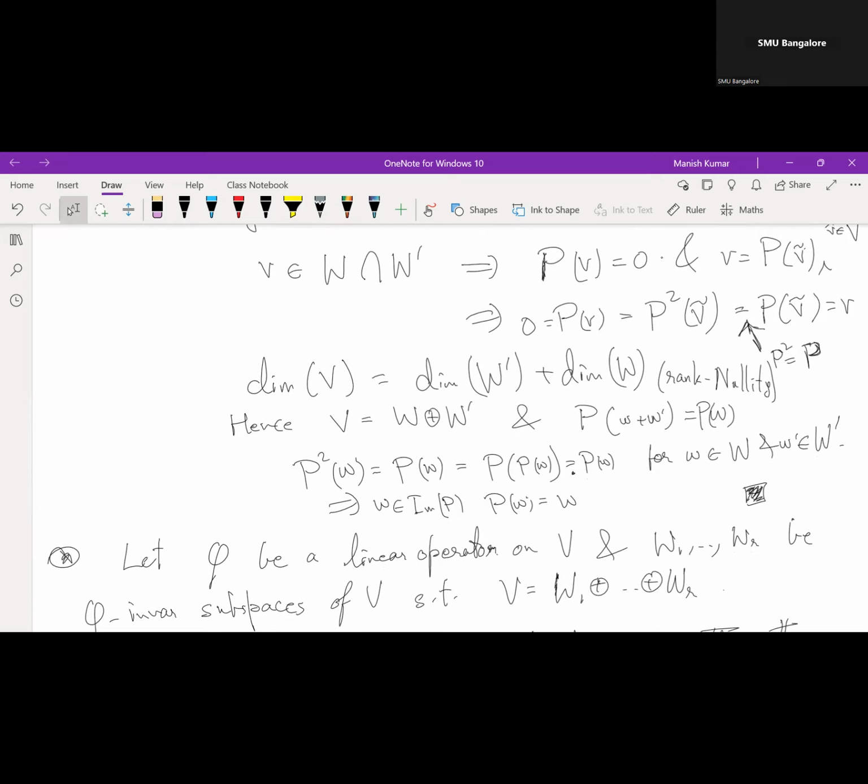To do that, given a linear operator, you would want to decompose the vector space into a direct sum of invariant subspaces. Because if you have that, then the matrix of the linear operator with respect to a basis of these vector spaces will give you a block diagonal matrix. That is what we will prove next. Any questions so far before we get to this next result?